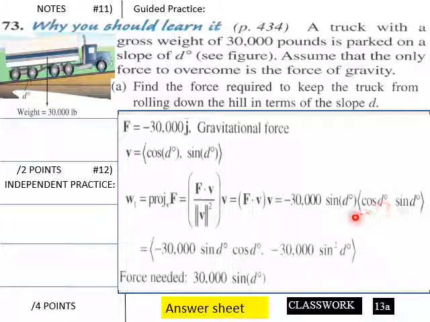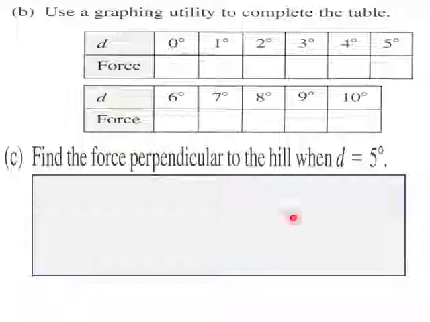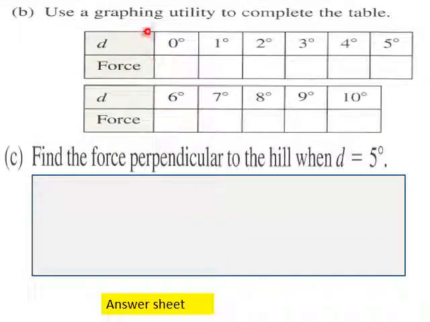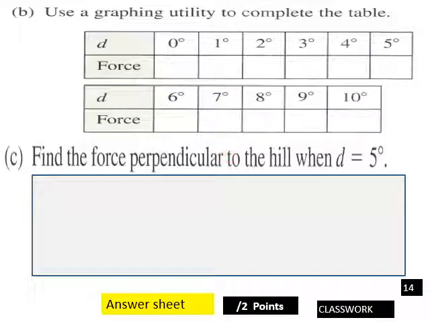We distribute this multiplication through the brackets. When we put that into our graphing calculator, we can find the values for different slopes d.